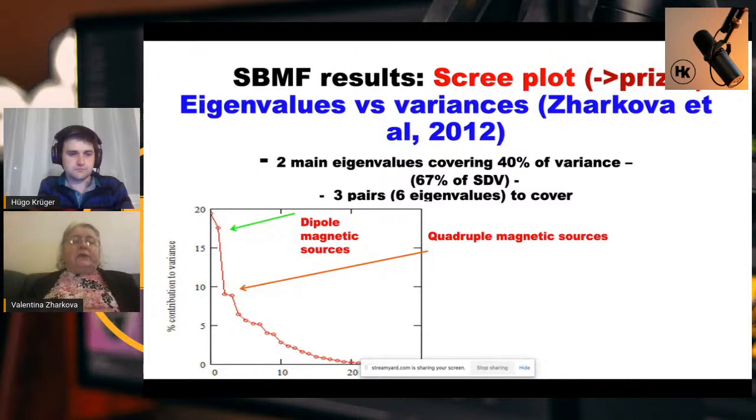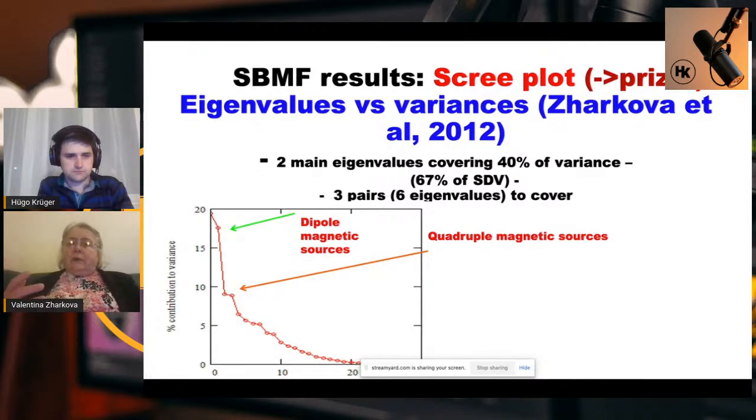So in these low resolution observations, we basically removed sunspots. We used only the background field. And what we discovered with this, we got eigenvalues.